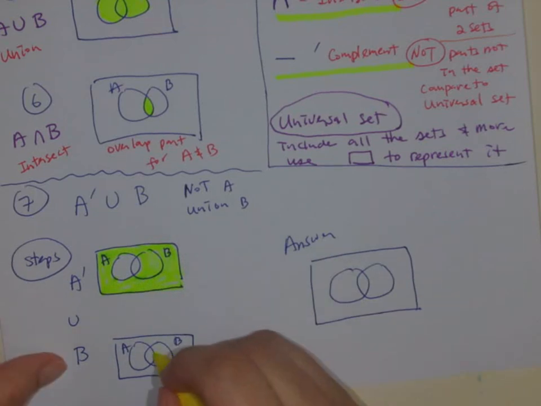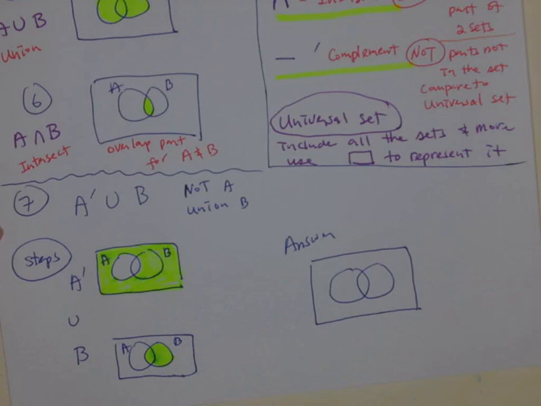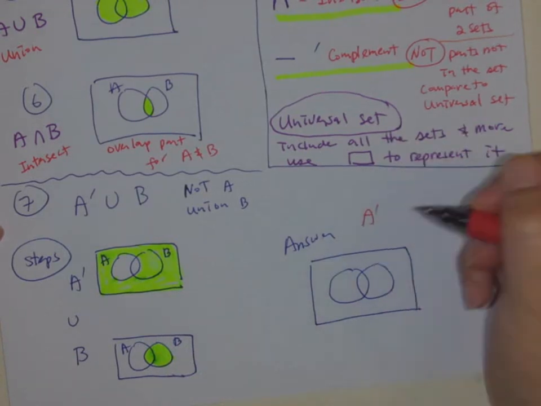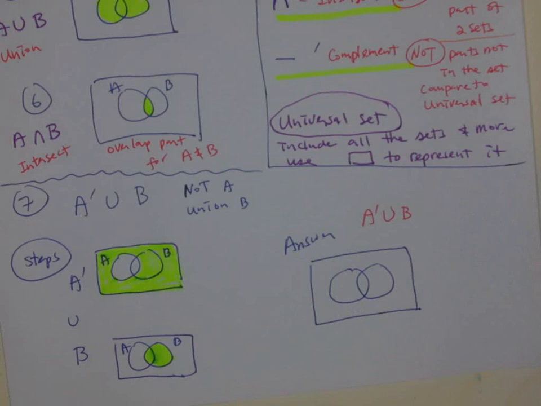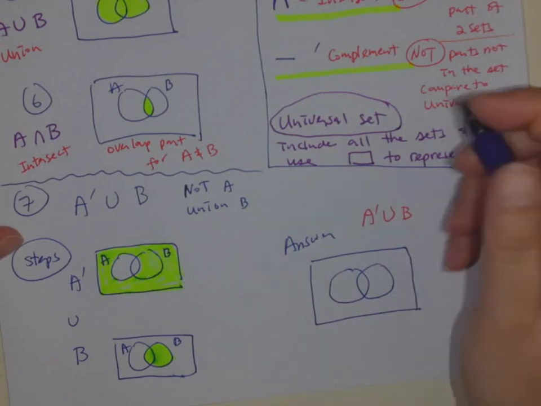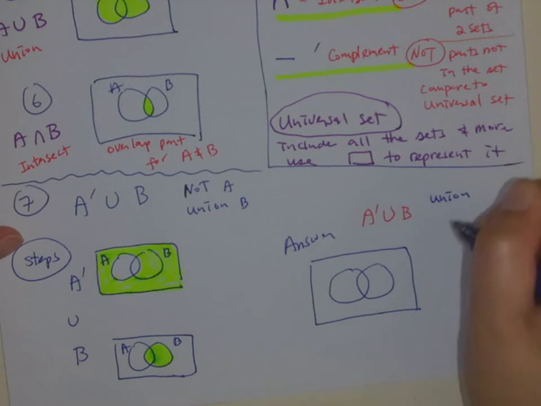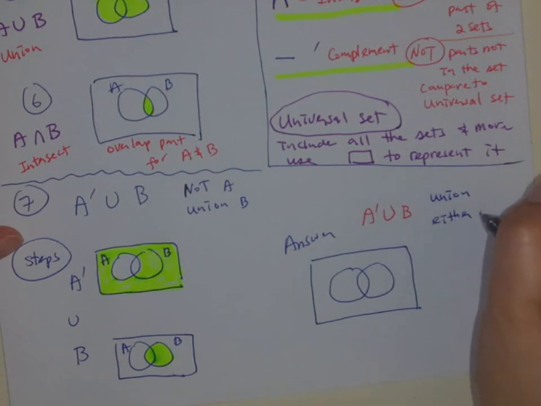And B would be things in the B circle, right? For the answer, not A union B means everything in both will be part of my answer. We're combining the two of them, so it's union, either or, right?